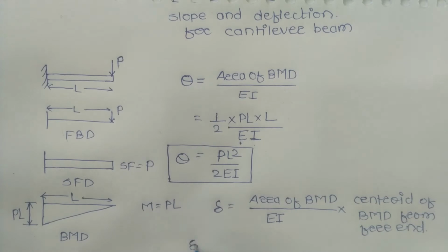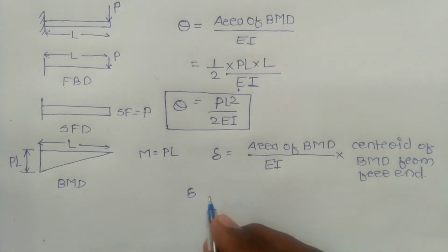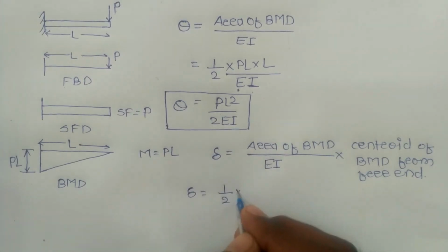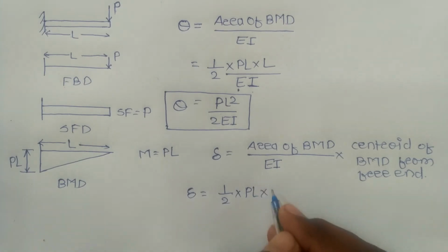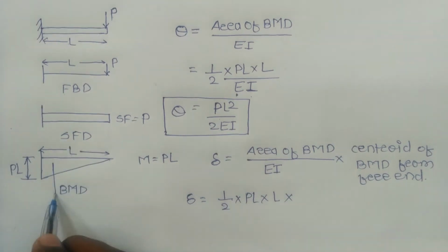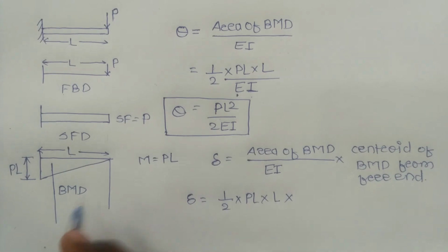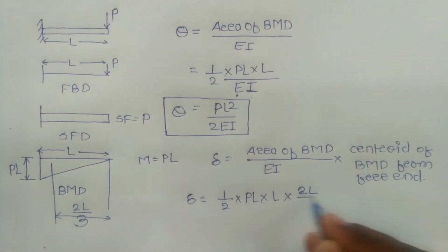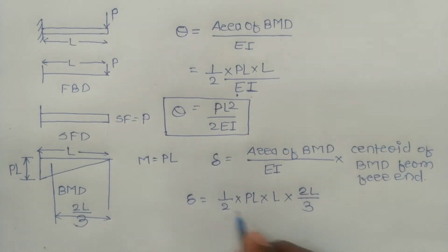So deflection is equal to the area under the bending moment diagram, which is a triangle, so half into base PL into height L, into centroid. The centroid is at a distance of 2L by 3, divided by EI.